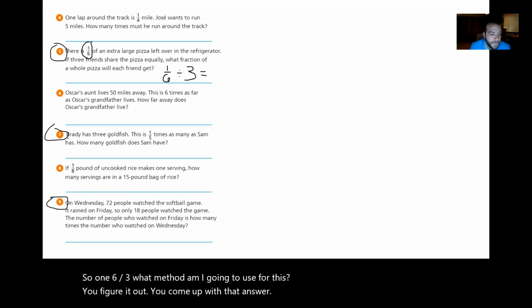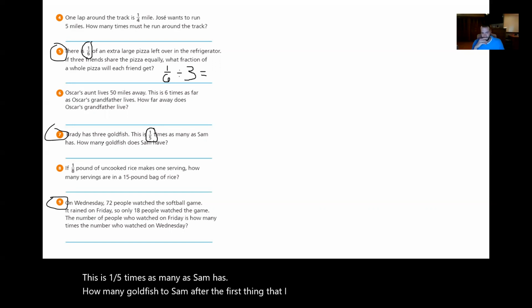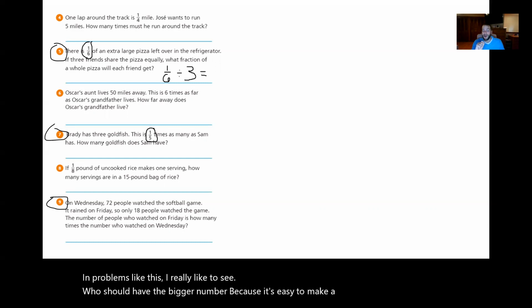Let's go to 7. Brady has 3 goldfish. This is 1/5 times as many as Sam has. How many goldfish does Sam have? The first thing that I like to do in problems like this is see who should have the bigger number, because it's easy to make a mistake and line this up wrong.